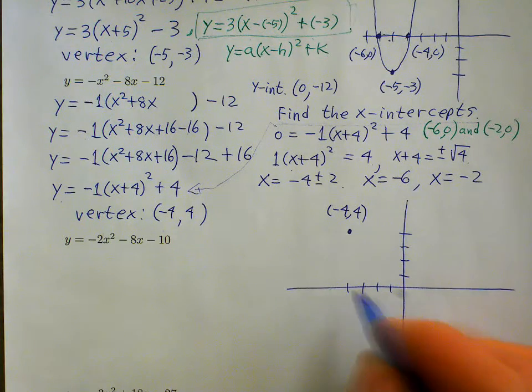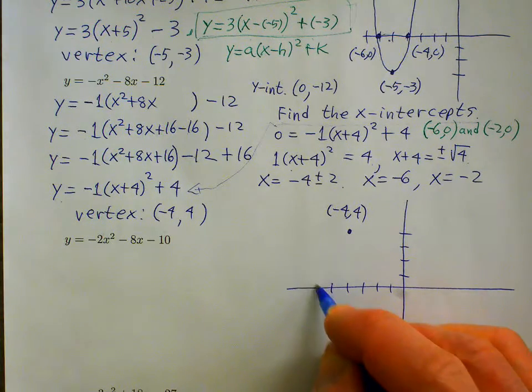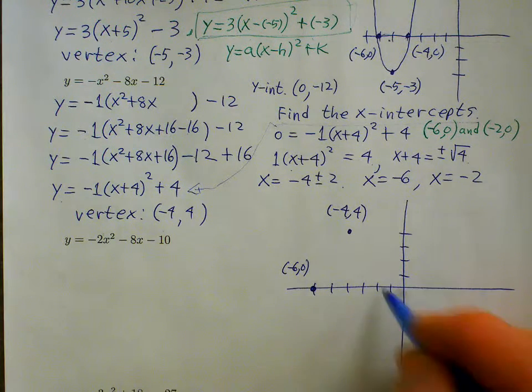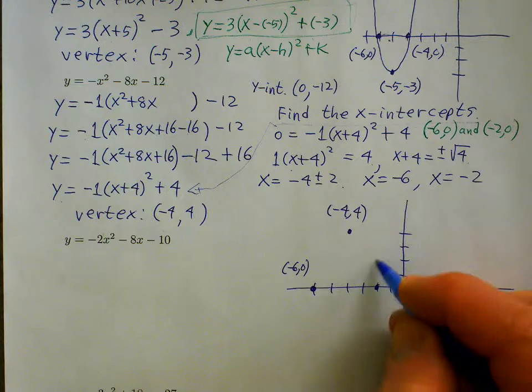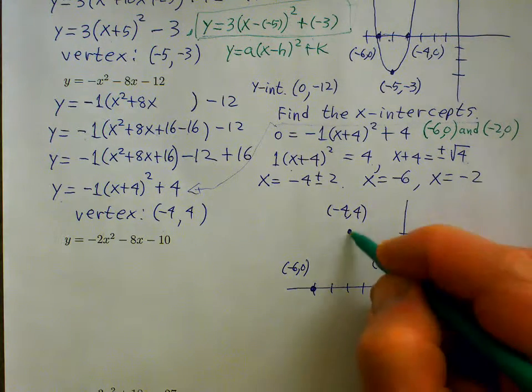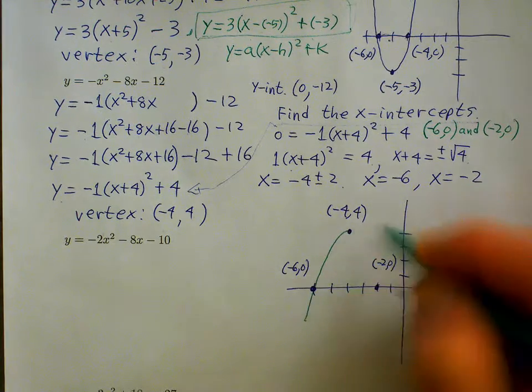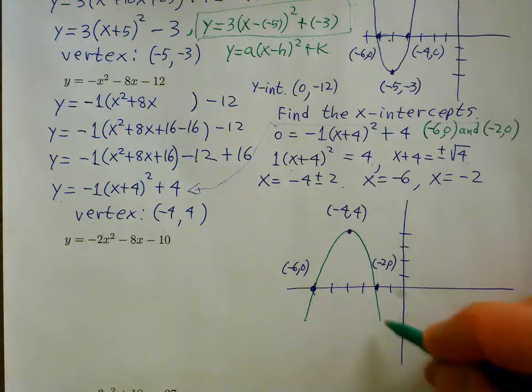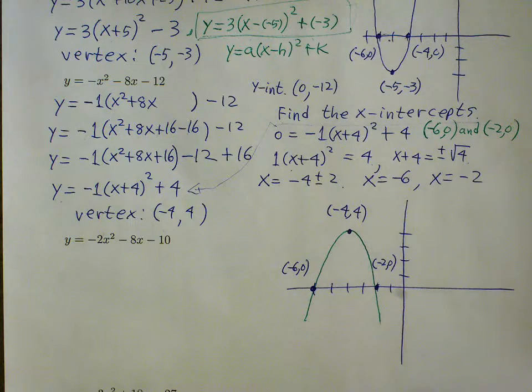One x-intercept is at negative 6, 0. The other x-intercept is at negative 2, 0. And we know the parabola opens down. So the y-intercept is sort of off the grid.